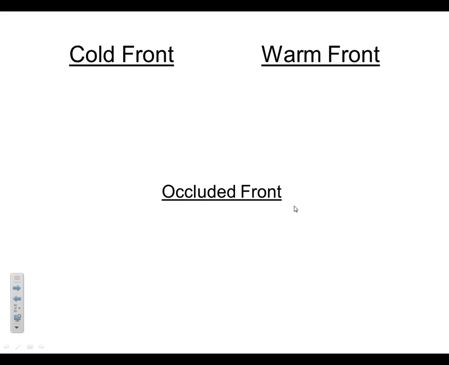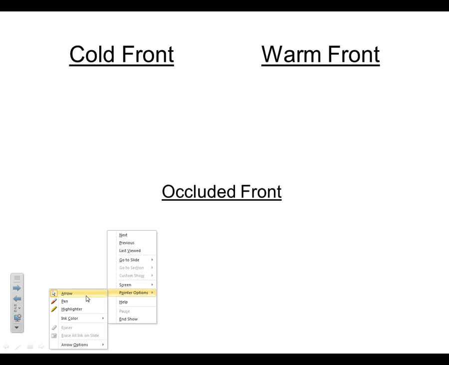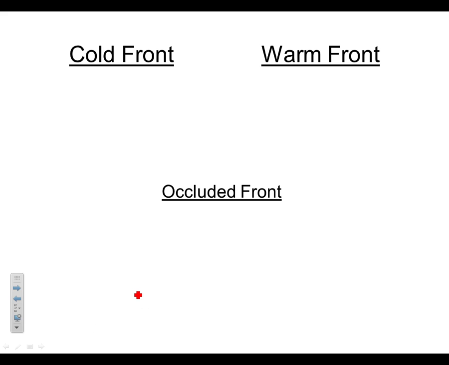First one we're going to draw is a cold front. So for the cold front, draw the ground. Now, when you think of cold air, it's cold, it's dense, it's this big blob of air hugging the ground. So it's going to have a snub nose, or kind of a sharp front.